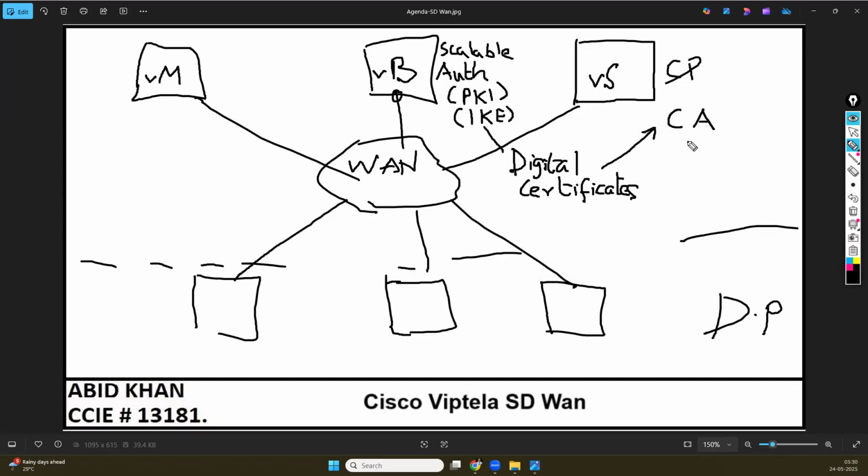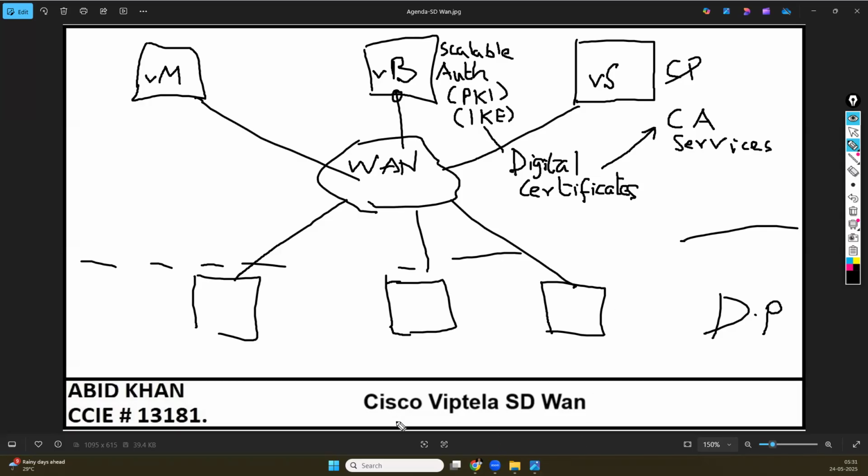And in the world now, there are so many third-party organizations which provide these CA services. Microsoft provides CA services, Cisco provides CA services, VeriSign provides CA services, Entrust provides CA services. There are various third-party organizations which provide scalable CA services.